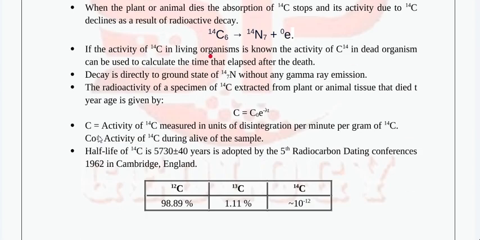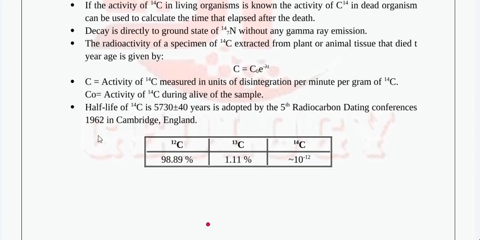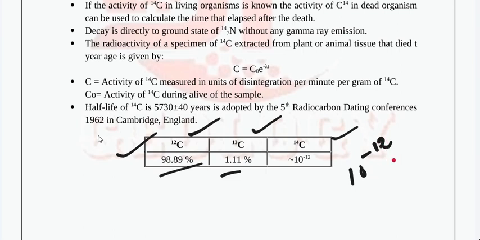This is the basis of age calculation. Now the isotopic abundance: C12 is almost 98.89%, C13 is 1.11%, and C14 is almost 10 to the power minus 12 percent, a very minute fraction. Its half-life is 5730 years.